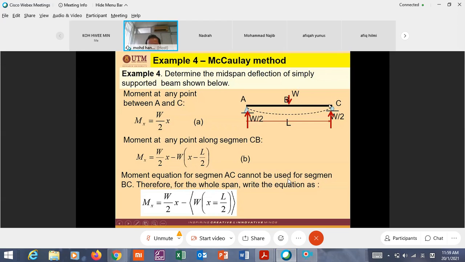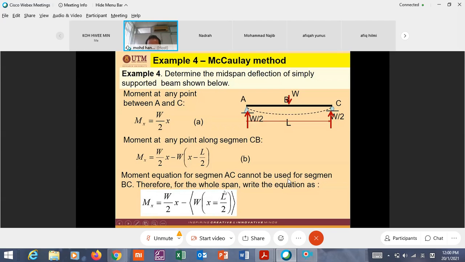Remember? If this one is positive, then we can consider it in the calculation.